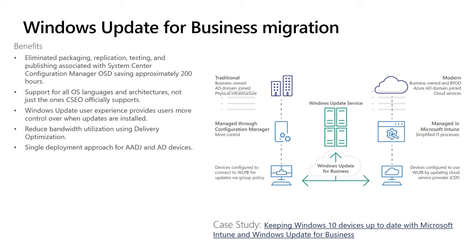Huge benefits there. I mean, the biggest one really for us is the reduction in bandwidth using the delivery optimization. So it's a peer-to-peer, if you're not familiar, it's a peer-to-peer sharing protocol that lets devices in a certain region or a location that are on the same network share updates, so everyone's not downloading the same feature update or Windows update.